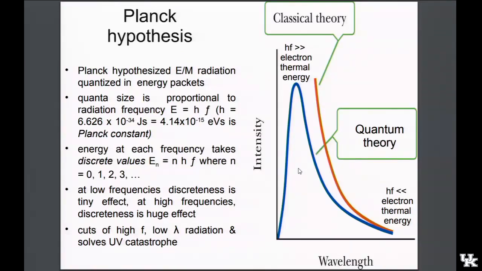So the problem of the classical theory with the black body radiation was solved, in a way, by a hypothesis of this scientist Max Planck.